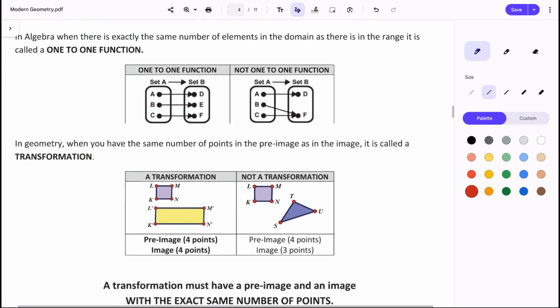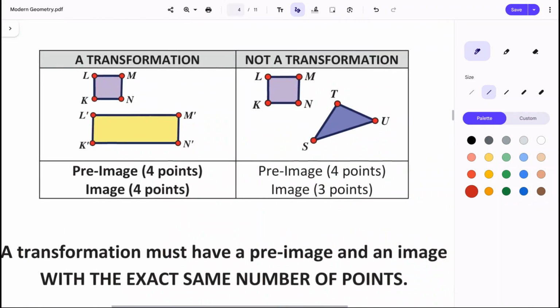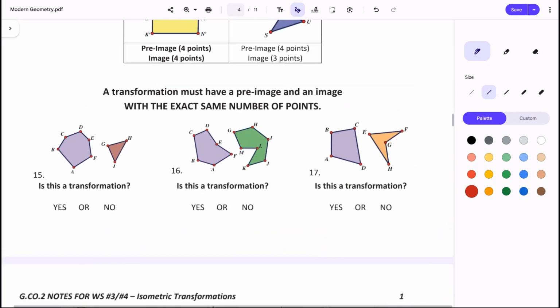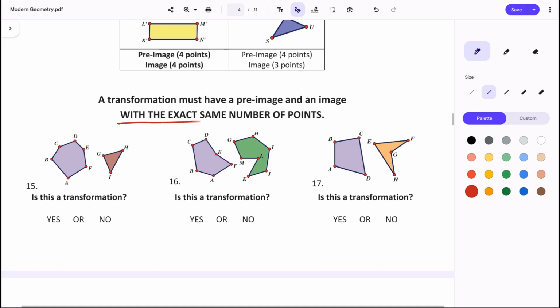But on other ones, when they have the exact same number of points, like right here, you can see that we started with 4 and we ended with 4. That's going to be a one-to-one function, but in geometry we call that a transformation. The second one is still considered a mapping because I had 4 and I went to 3, but it's not considered a transformation anymore because they don't have the same number of points. Okay, so a transformation must have a pre-image and an image with the exact same number of points.